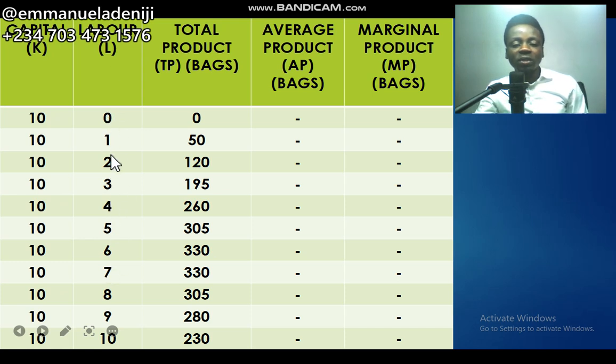At some point the firm uses 1 unit of variable input labor to produce 50 bags of this product. When the firm had to produce 120 bags, it increases its labor input to 2. When it increases its total output to 195 bags, its labor input increased to 3. That goes to show that this input is variable. As the firm produces more output, it needs to hire more variable inputs. But capital here is fixed.